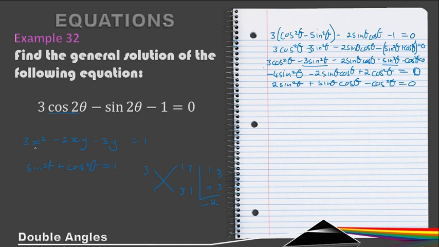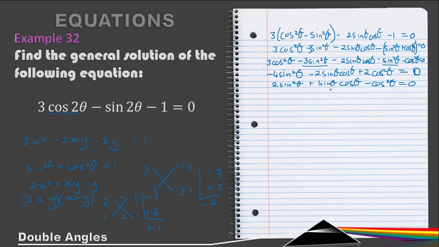If I replace it again with x and y, I've got 2x squared plus xy minus y squared. So if I factorize that, I've got 2 and 1 on this side and 1 and 1 on this side. 2 times 1 is 2, 1 times 1 is 1. To get plus 1, I say plus 2 minus 1. Minus goes there and the plus goes there. So this will then be 2x minus y and x plus y.